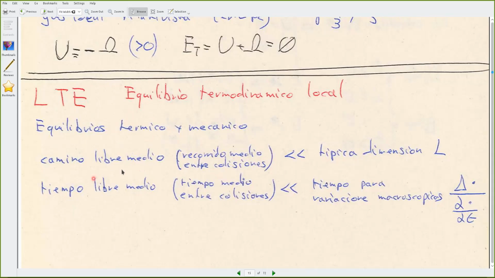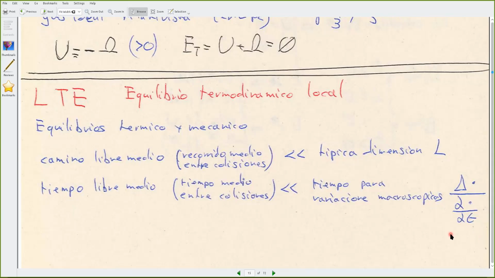Then we have to consider that the mean free path of a particle must be less than a typical dimension, and the mean free time between collisions is smaller than the time for macroscopic variation, that usually can be calculated by dividing the change in that parameter by its temporal derivative.